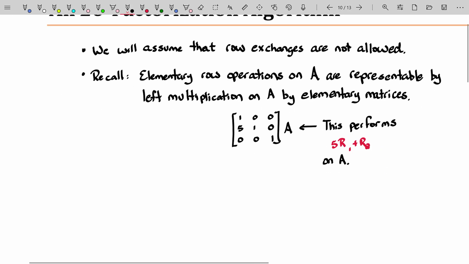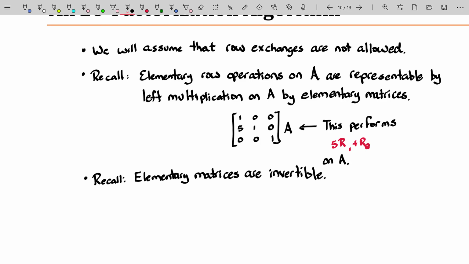Now, another thing we need to recall: elementary matrices are invertible, and this is actually super important to remember. First of all, we know from way back early on in linear algebra that every elementary row operation can be undone. And that means that every elementary matrix has something that undoes it.